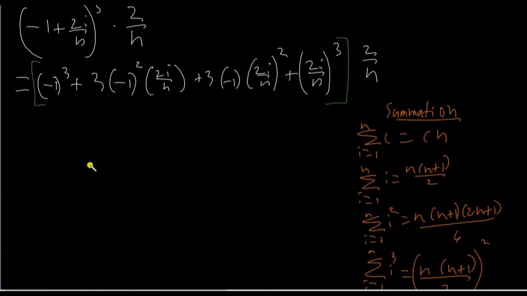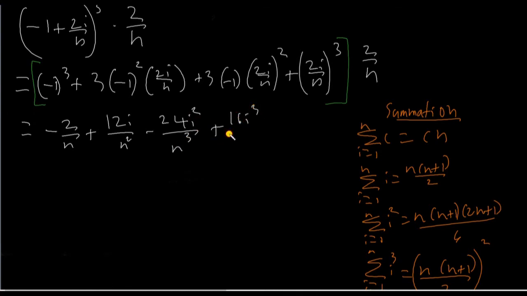Okay, so I've expanded it out, and I've also written the summation formulas because we're going to use those in a second. And then the next step is going to be multiplying this whole thing by 2 over n. So that's going to be negative 2 over n plus 12i over n squared minus 24i squared over n cubed plus 16i cubed over n to the 4th.